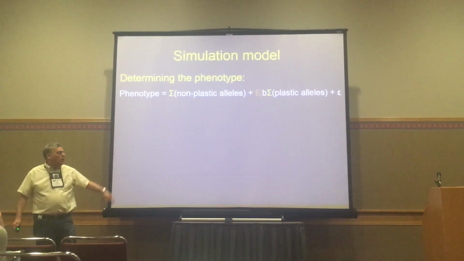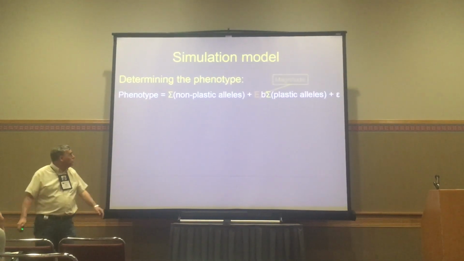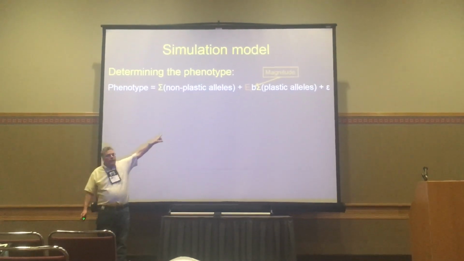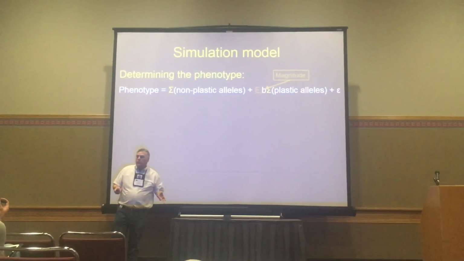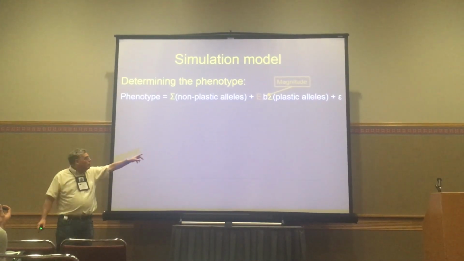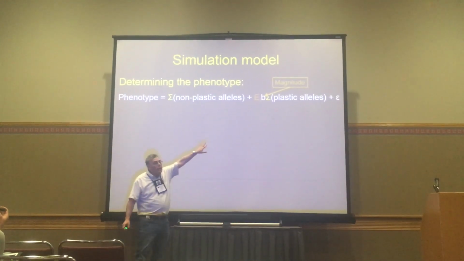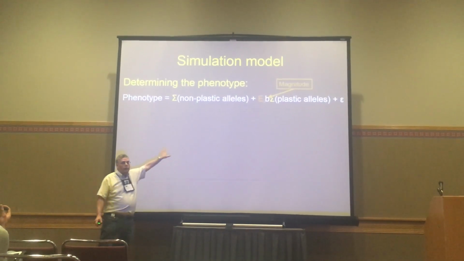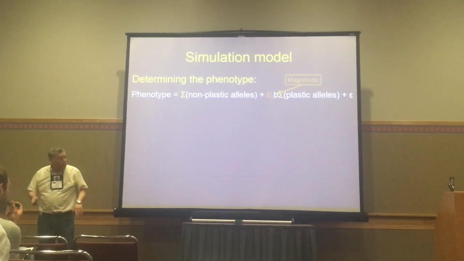So there's 10 or 5 diploid loci for each of those types. And then there's that term B, which affects the magnitude of the expression. You can think of it in a sense of how much we're allowing plastic variation to be expressed relative to non-plastic variation.